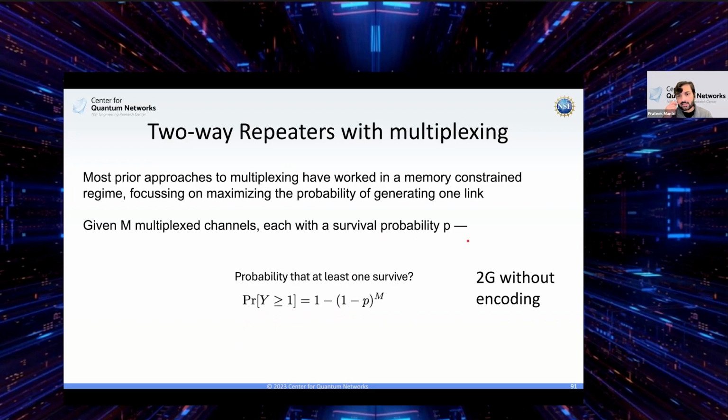This is what is called 2G without encoding. So we attempt a lot of these in parallel, thought of as multiplex channels. And then if at least one of them survives, we consider that a success.